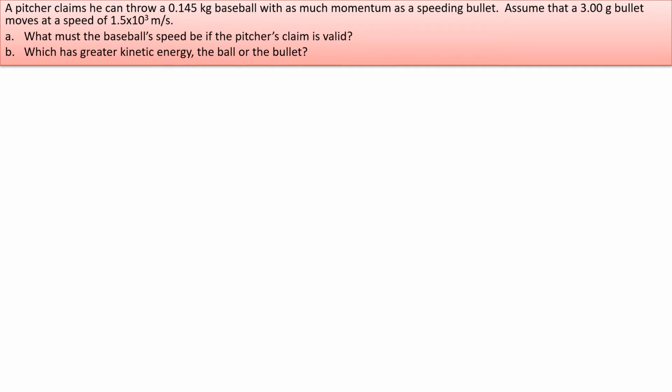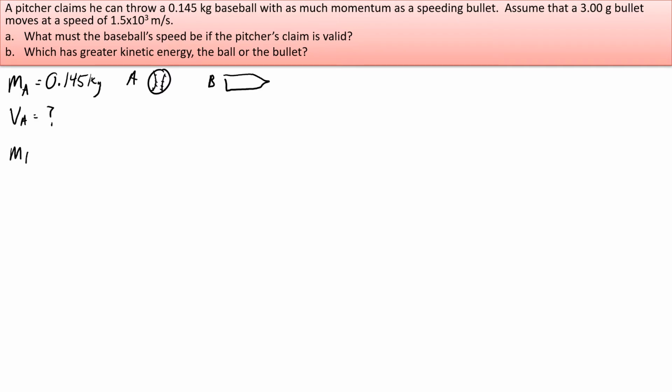All right, so we have two different objects here. We have a baseball and we have a bullet. It would be helpful to define them as A and B, because the ball and the bullet both start with B. So in the subscripts, the mass of the baseball, mA, is 0.145 kilograms. The velocity of the ball is what we're looking for.